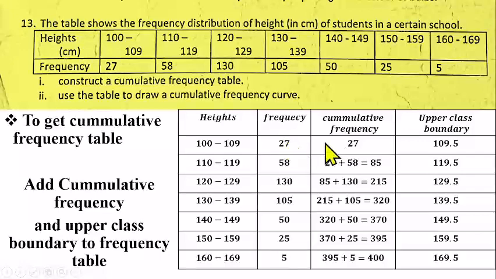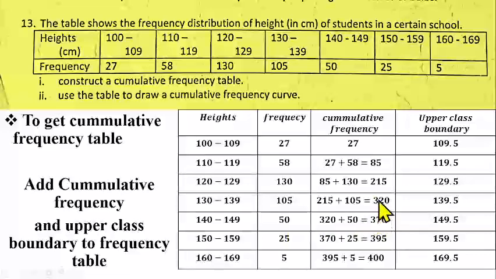The first one is 27. You write 27 here. Then for this one, you'll be having 27 plus 58, that gives us 85. The next one here, you'll be having 85 plus 130, that gives us 215. The next one, 215 plus 105, that's 320.